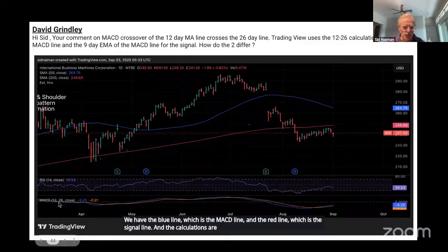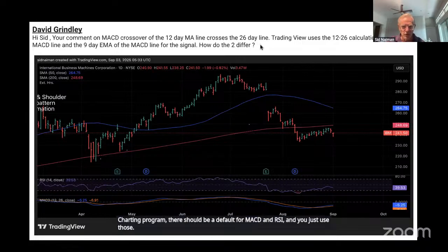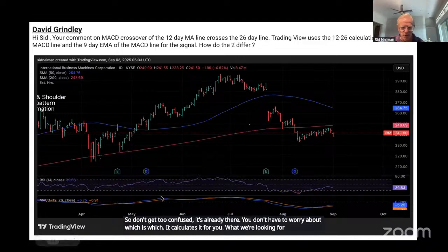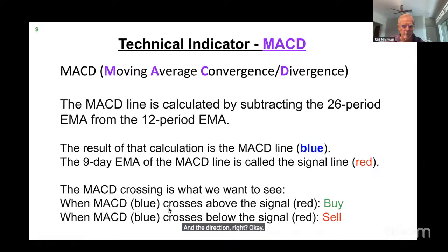I just use the default. If you bring up TradingView or any charting program, there should be a default for MACD and RSI, and you just use those. So don't get too confused. It's already there. You don't have to worry about which is which. It calculates it for you. What we're looking for, to keep it simple, is the crossing and the direction, right?